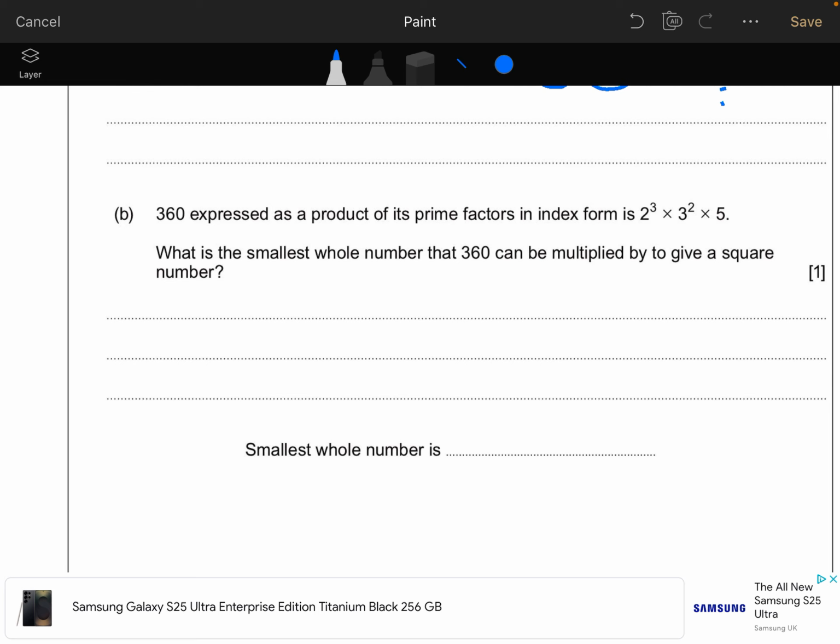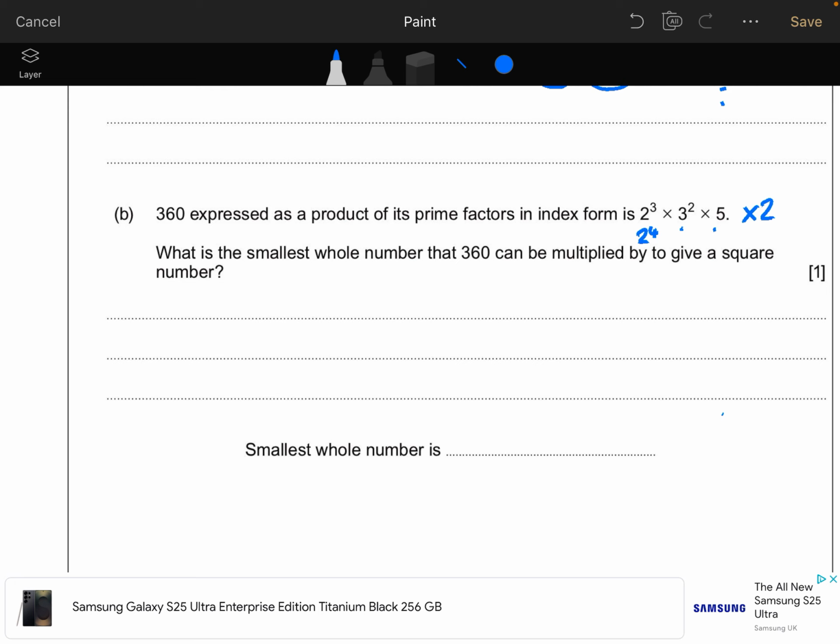Now a square number has to have all these prime numbers raised to an even power. So if it's not an even power, I need to multiply it by another one to increase it. 2 cubed is not an even power, so I need to multiply by an extra 2, because that would make that 2 to the 4.